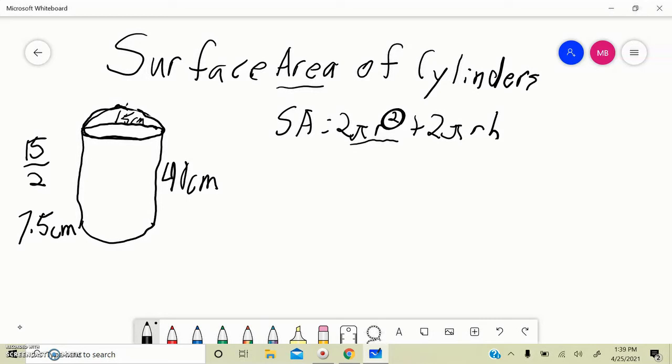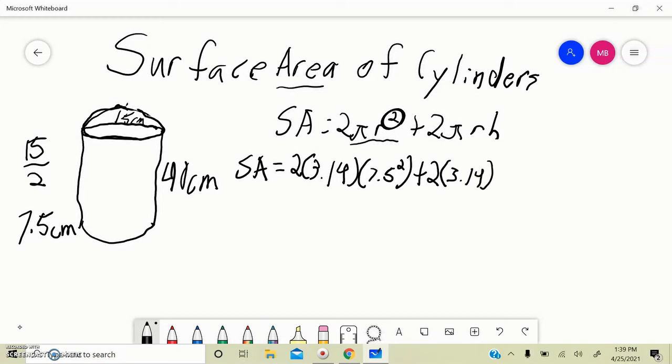Cool. So I can go ahead and start plugging in my numbers now. So I have surface area is equal to 2 times 3.14 times 7.5 squared plus 2 times 3.14 times 7.5 times 40. What's my next step here?